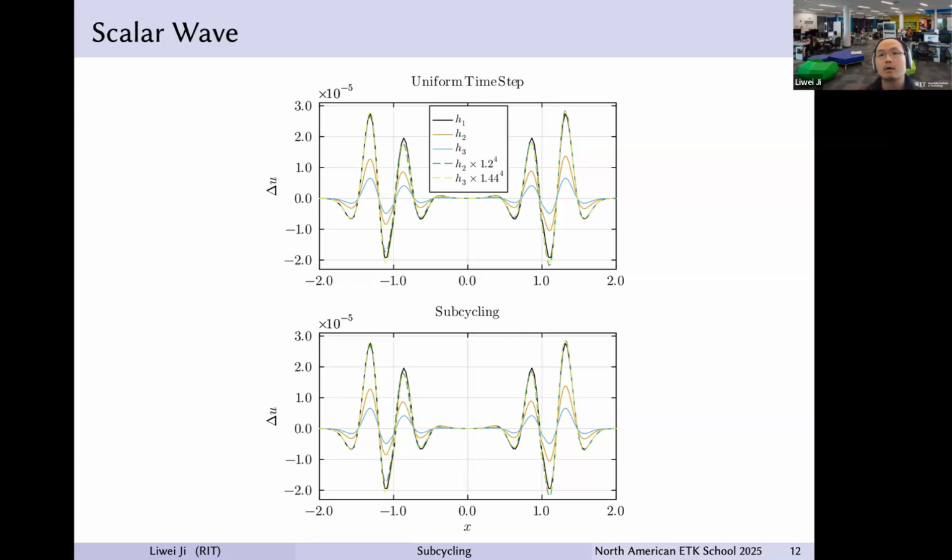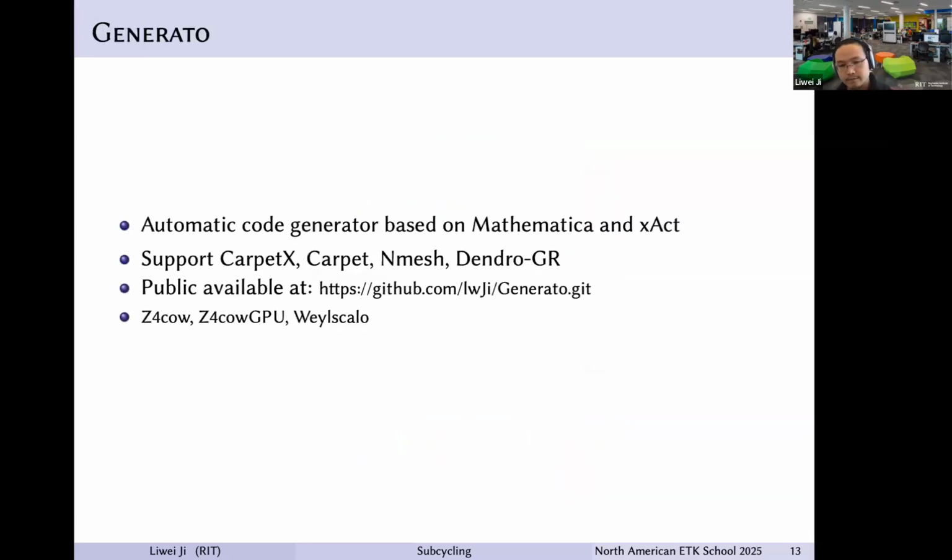Next, we want to try a BBH simulation using many more levels of refinement instead of 2. Before that, we need to implement the space-time evolution code, or SOM.